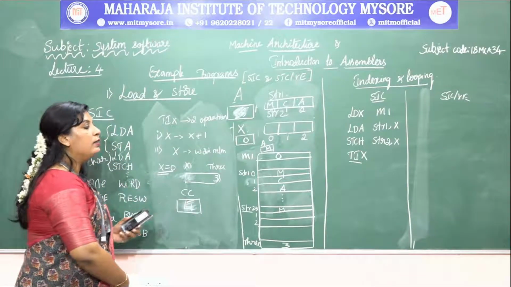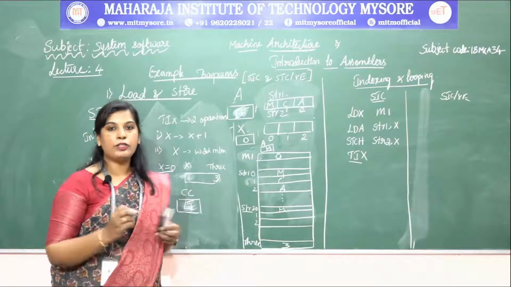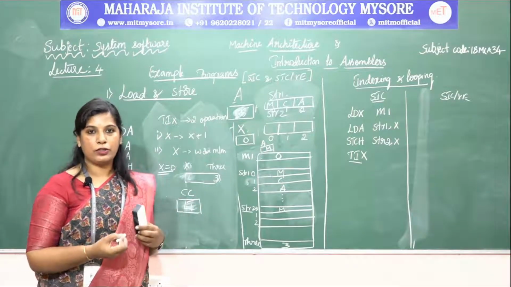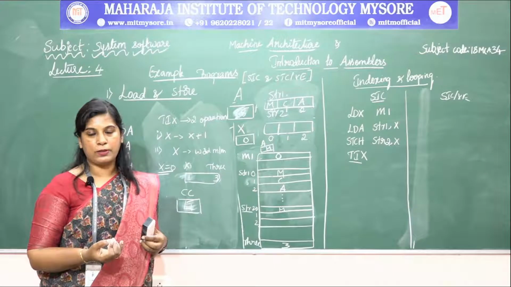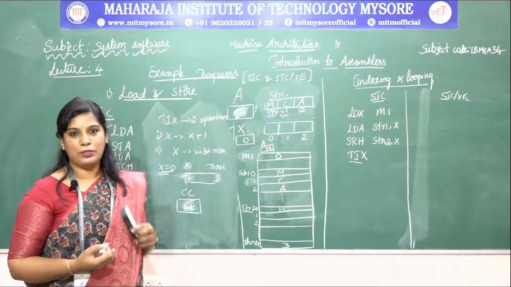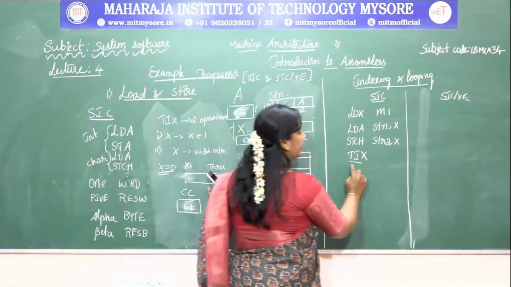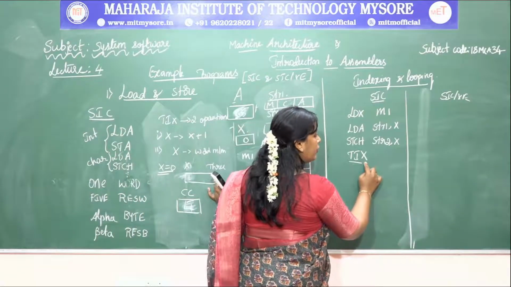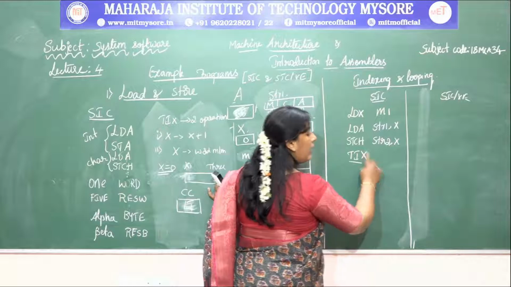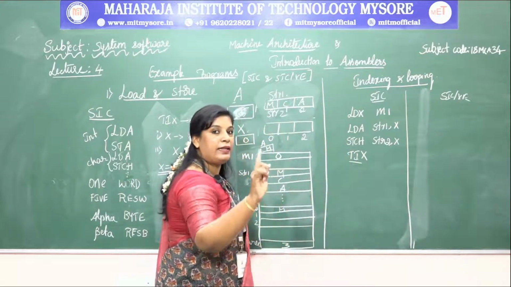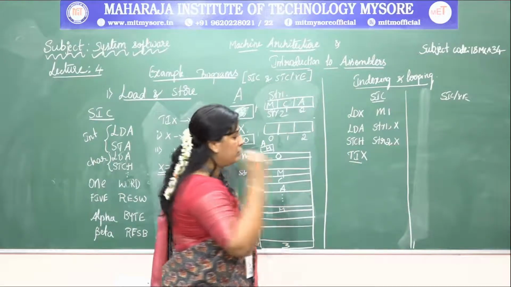After that the control has to jump to a particular instruction to perform other operations, and for that we use the jump instruction. So TIX increments the X value by 1 and at the same time compares the index register value to memory location 3.